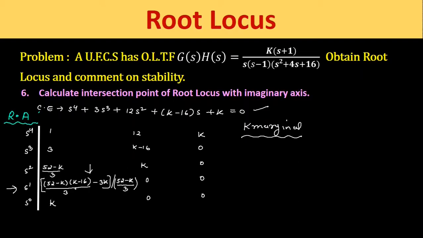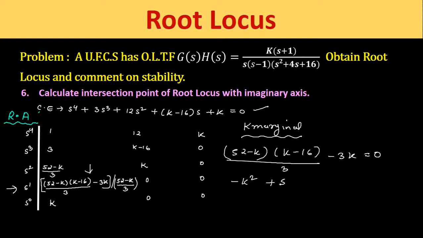So when we equate this equation equal to 0, we will get (52 minus k) into (k minus 16) divided by 3 minus 3k is equal to 0. So from this equation we will get the equation of k like this: minus k square plus 59k minus 832 is equal to 0.